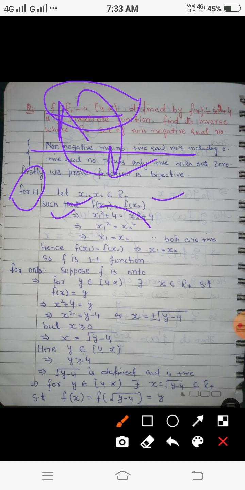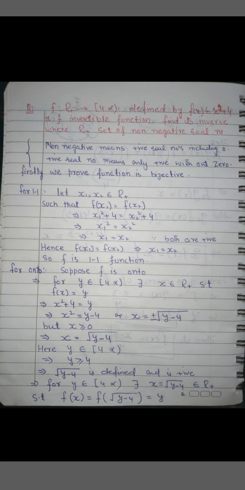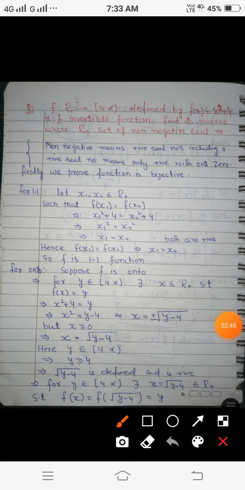Hence only one situation exists here, it is simply x1 = x2. So this function is one-one, because f(x1) = f(x2) implies that x1 = x2.